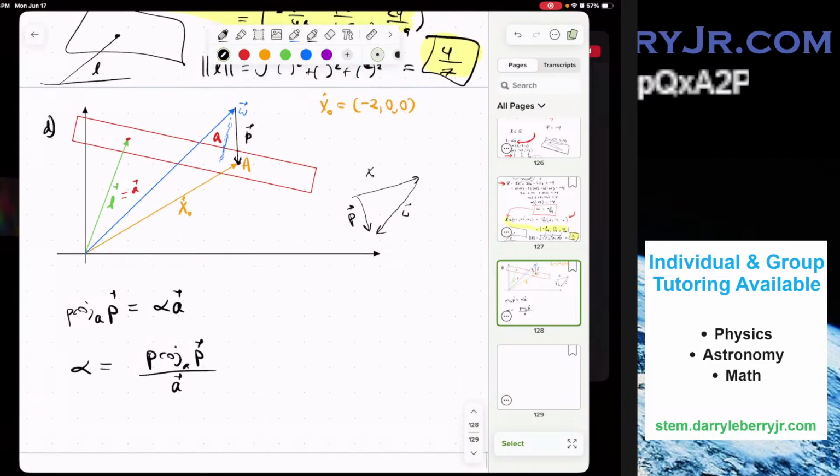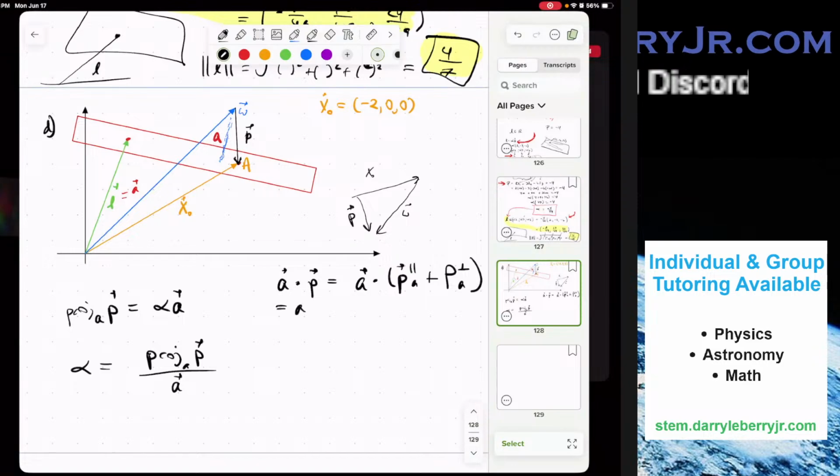And then we could use the other projection thing, which says that A dot P equals, so P is doing the projecting, so it's A dot the P that's parallel to A plus the P that's perpendicular to A. So that's going to be A dot P parallel plus A dot P perpendicular.